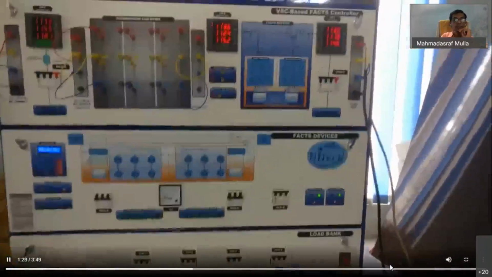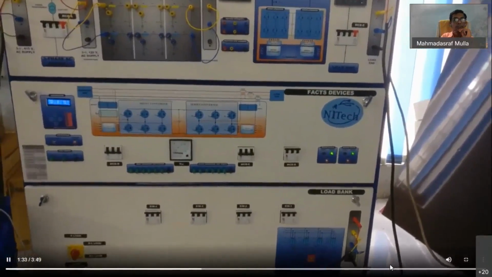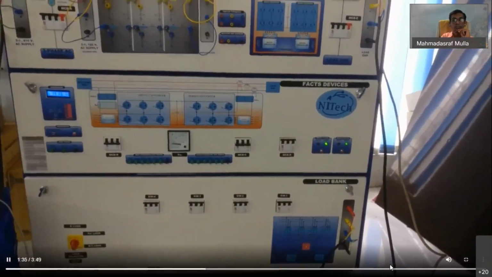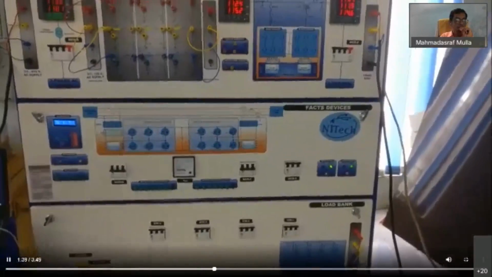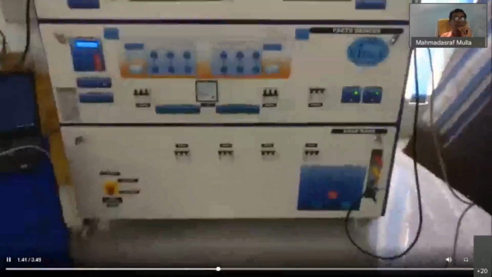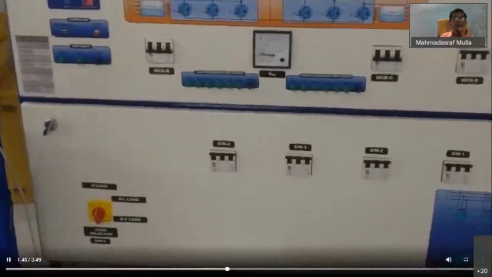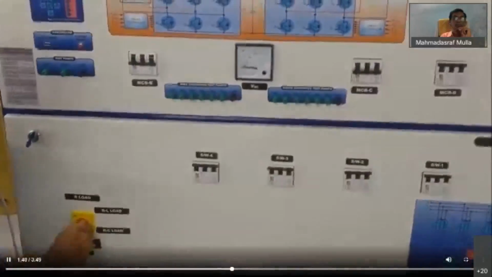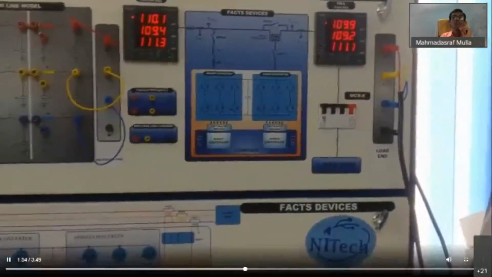So now if we change over to RL load on the same quantity of load, we will connect full load, but that too of RL load. So we just have to change this switch to RL load. As you can see, 2 to 3 more volts are dropping over here.